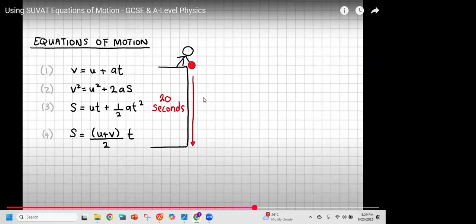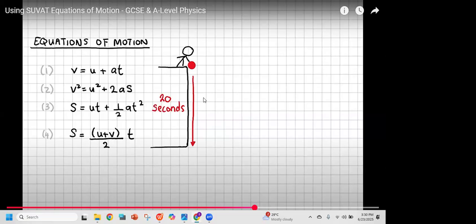So when you say the ball is dropped, the initial velocity is 0. Okay, they have given us u. Do we know the final velocity? No. Do we know time? Yes. Do we know the acceleration? Which way is the ball falling? Upwards or downwards? Downwards. So when it's falling downwards, who is pulling it down?